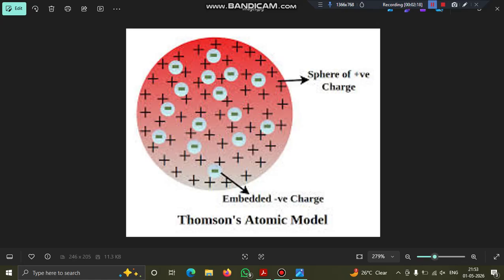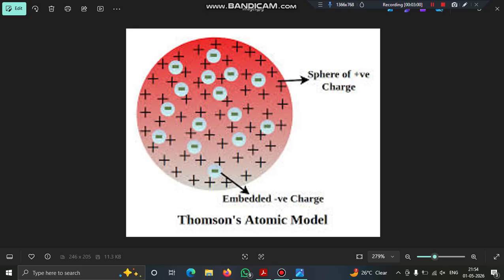You see, this is the image of our Thomson atomic model. This is the structure of the Thomson atomic model, and we will discuss why it is called the plum pudding model or watermelon model. The red part of the sphere has positive charge, and the blue part is the embedded negative charge, which is the electrons. The red part is the sweet part of the watermelon, and the electrons are considered as the seeds in a watermelon.